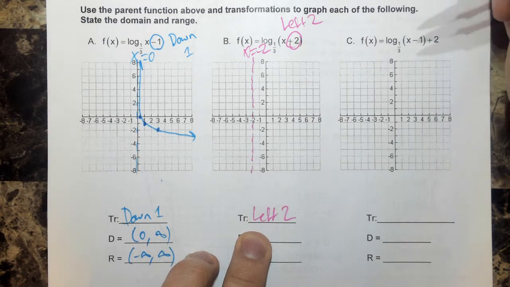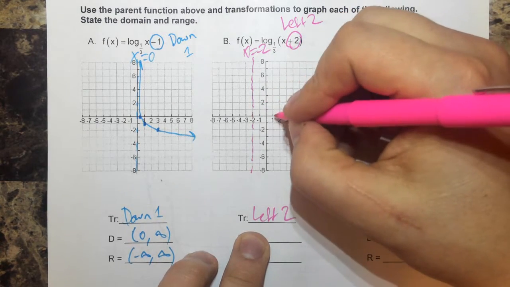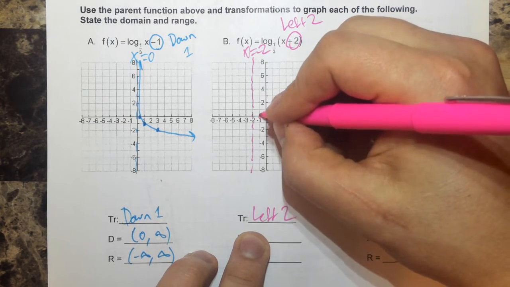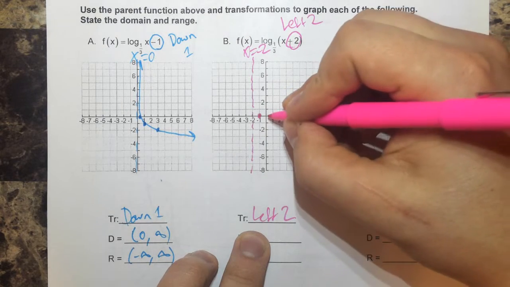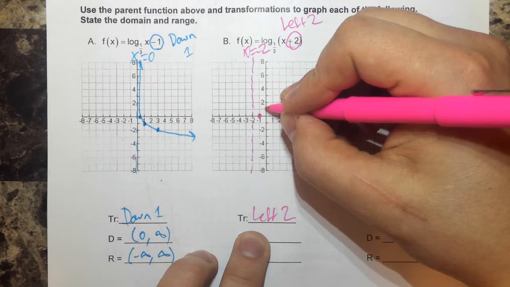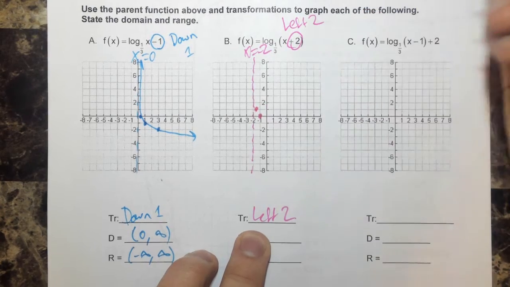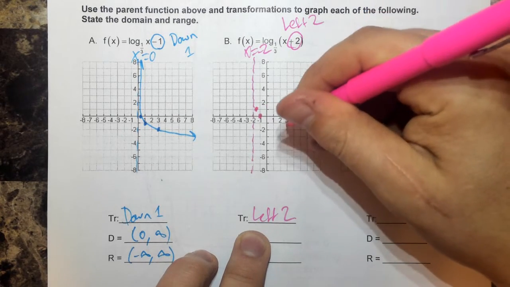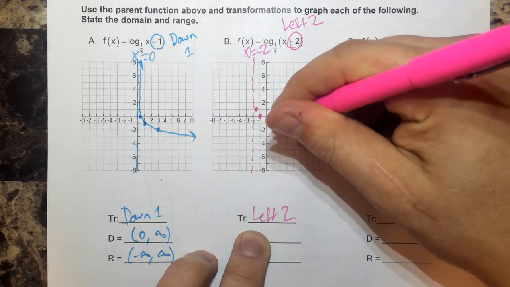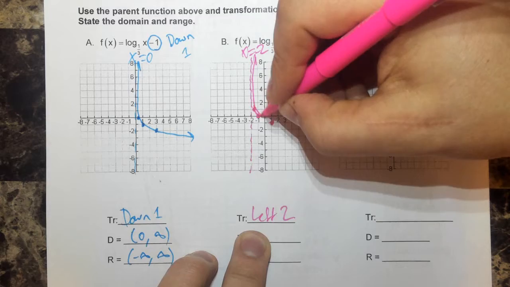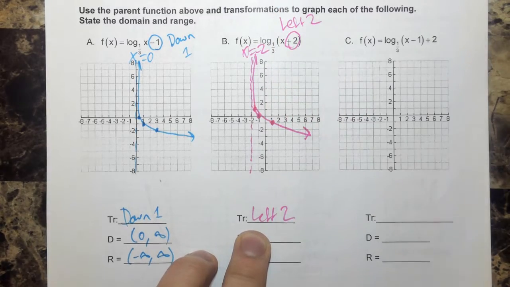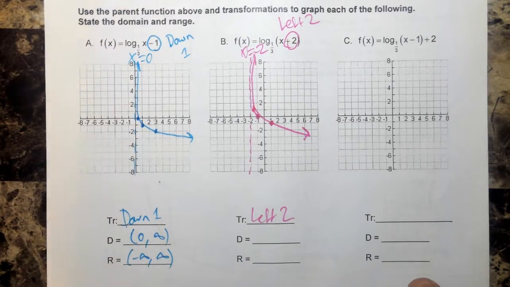We had (1, 0), I remember that, so that's going to shift to the left too. We had that one that was (1/3, 1), which was right here. So that'd be (-5/3, 1), so right there. We had (3, -1), so it was (1, -1) right there to the left. Hugging the line, sort of level off. Oh, that one was uglier.